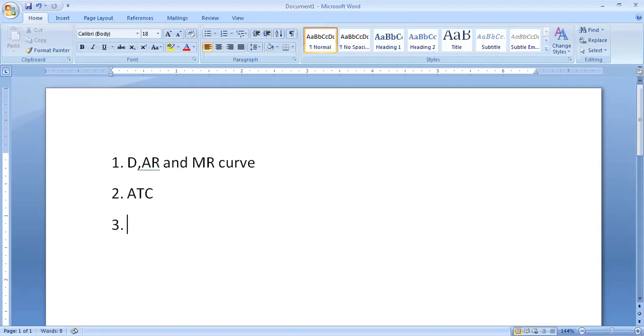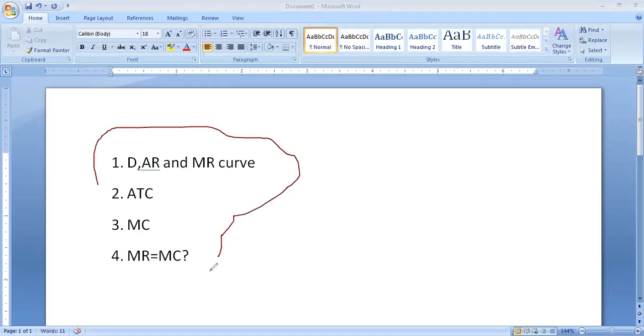Third, you draw the MC curve, the marginal cost curve. Fourth, you want to find the MR equals MC point. These are the 4 steps of drawing any diagram related to perfect competition: normal profit, abnormal profit, and loss.